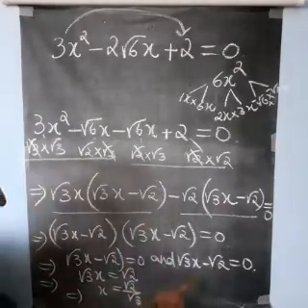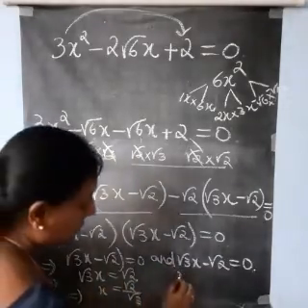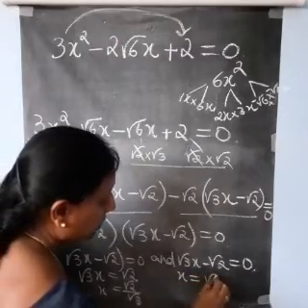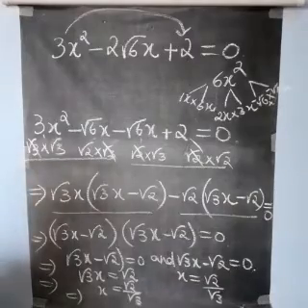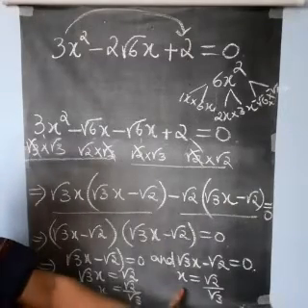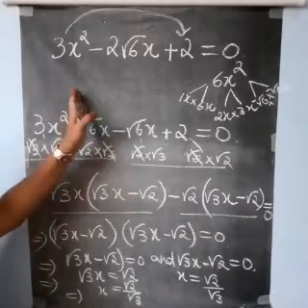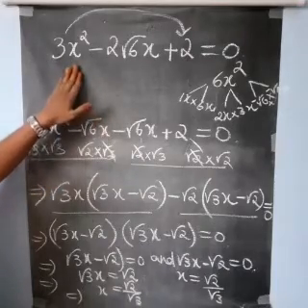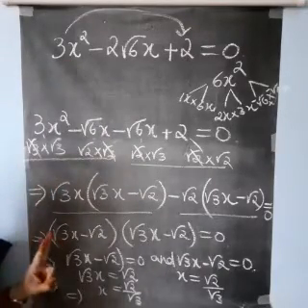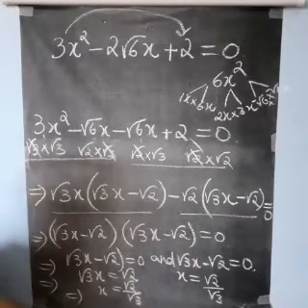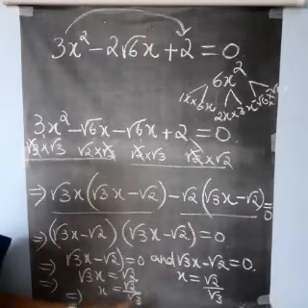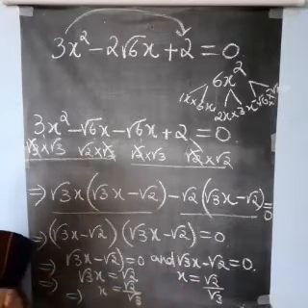Isn't it? So since they are same, we get here also x is equal to root 2 by root 3. Okay. So we have got two roots which are equal for this sum. Have you got it? Since it's a quadratic equation, we should have two answers or two solutions or two roots, all mean the same. And we have found that both the roots are equal.